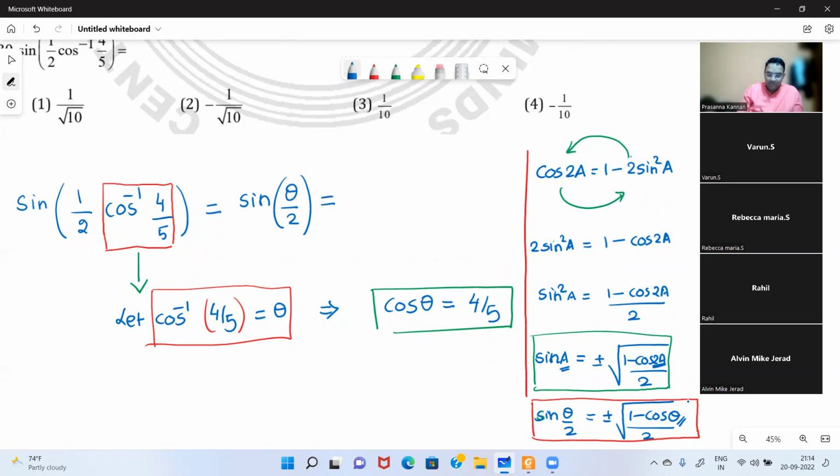What is the formula we have derived here? Sine theta by 2 is plus or minus square root of 1 minus cos theta by 2. Correct?